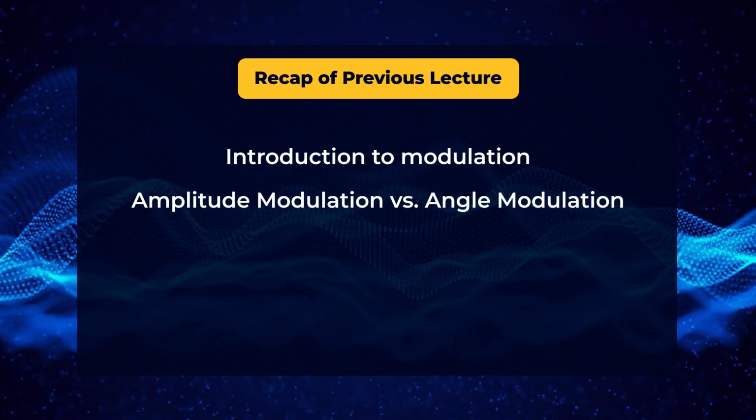Next, we outlined the two main types of modulation, amplitude modulation and angle modulation. We then defined angle modulation, explaining that it involves varying the phase or frequency of the carrier wave, which brought us to the two types of angle modulation, that is, frequency modulation FM and phase modulation PM.